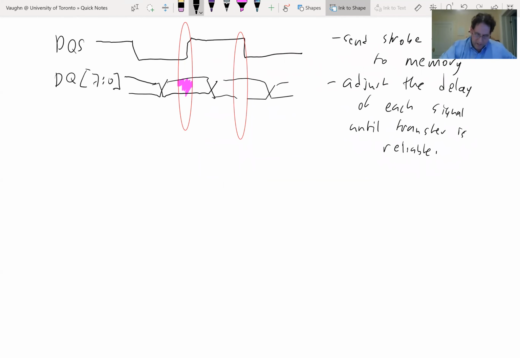These data paths are not 8 bits wide. So the data path is typically 64 bits wide. But again, in an FPGA, you can ask for a 16 or 32-bit memory interface too. So not always 64 bits, but that would be common.